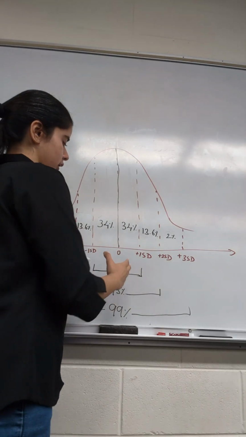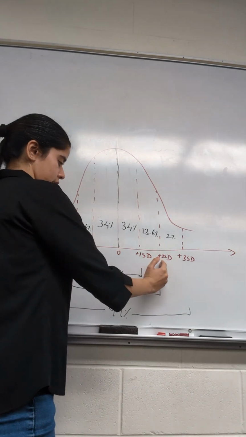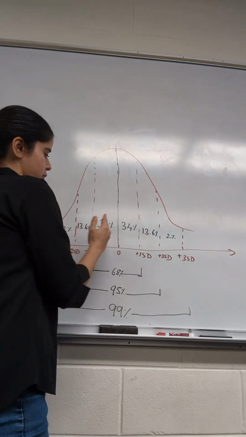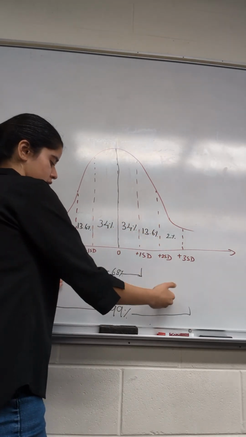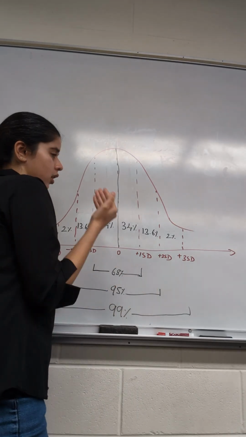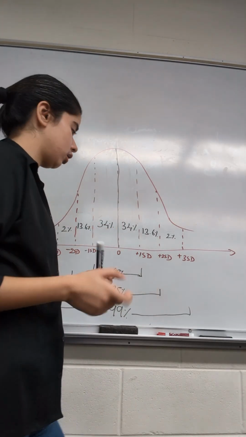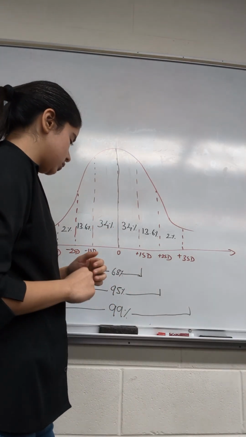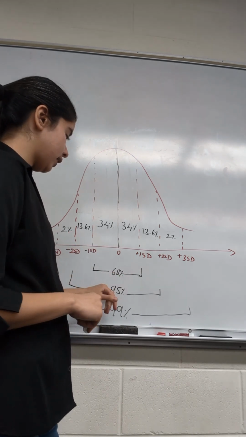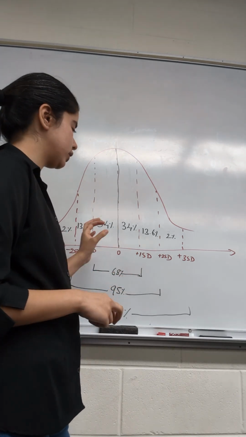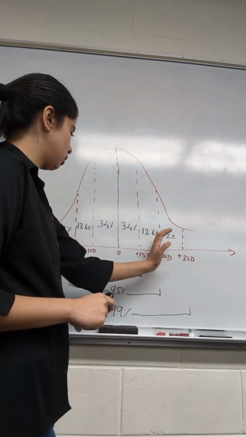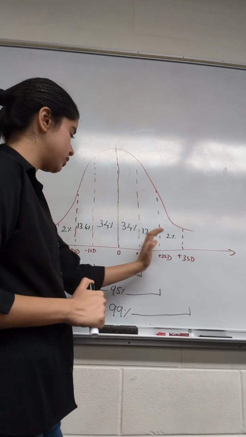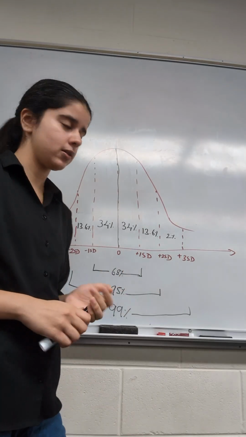So basically, this whole area is now 13.6 plus 34 plus 34 plus 13.6, which in total would give us 95% of your area. Which means that 95% of the population falls within these 2 standard deviations.